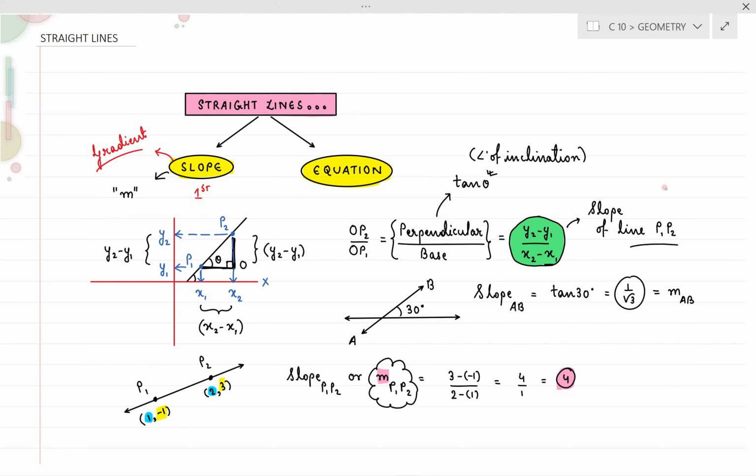I hope I am clear with the concept of slope, how to calculate the slope of a line under these two situations. If you know the angle of inclination, directly apply tan theta.